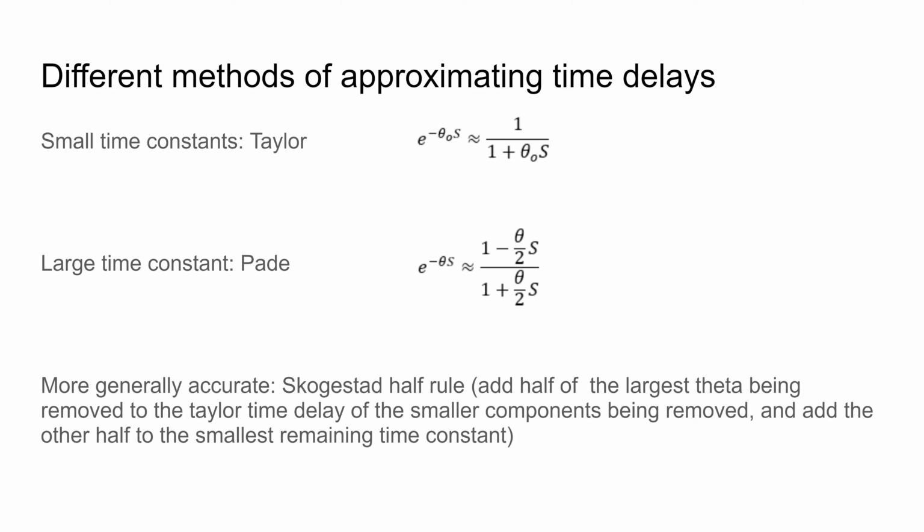All that means is that you're going to take the largest time-consuming component of your process, take half of its time constant and stick it onto the existing time delay that you would get from the Taylor approximation, and then the other half just goes onto the smallest remaining time constant.